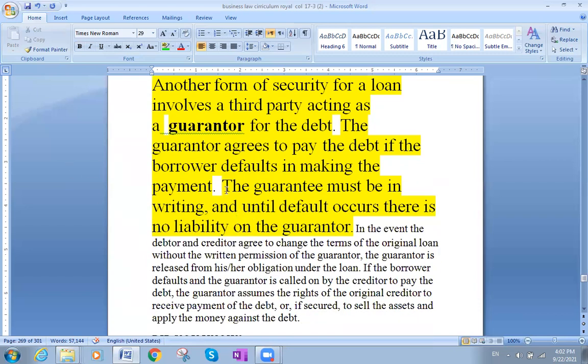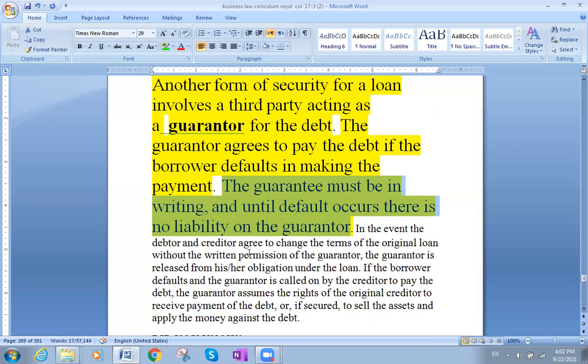The guarantee must be in writing, and until default occurs, there is no liability on the guarantor. So the guarantor's liability starts when there is default, or the person who borrowed the money is not able to pay anymore.